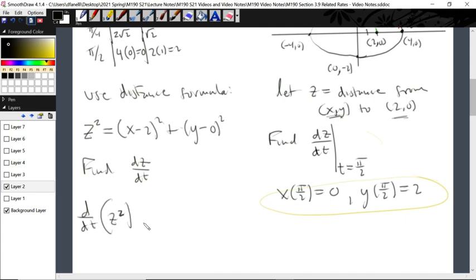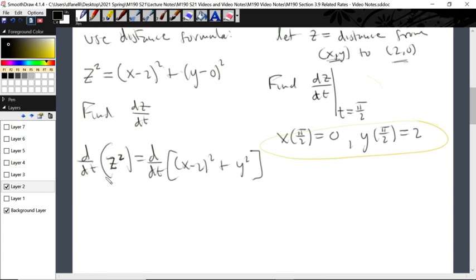The derivative with respect to time of z squared is equal to the derivative with respect to time of the quantity x minus 2 squared plus y squared. On the left, we have 2 times z, and then implicit differentiation, dz dt. On the right-hand side, we're going to have 2 times x minus 2, to the power of 1, times dx dt.